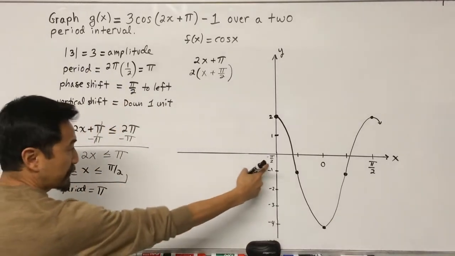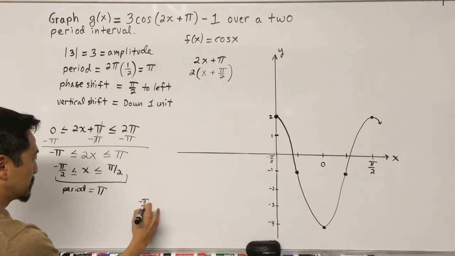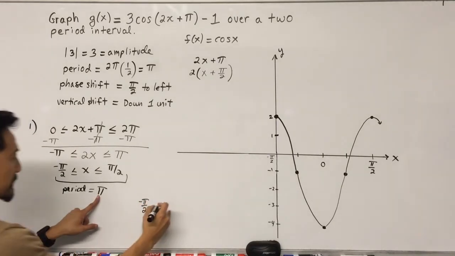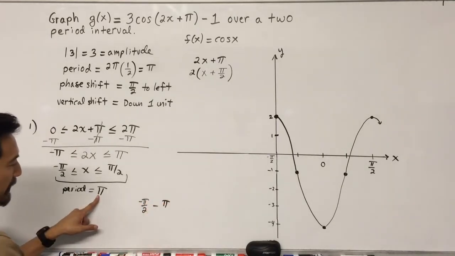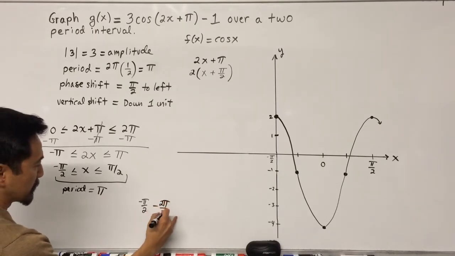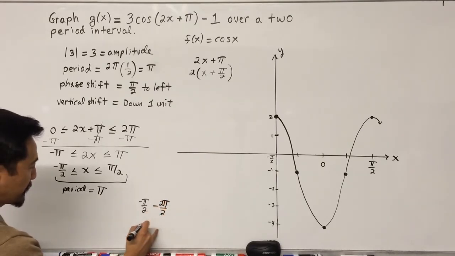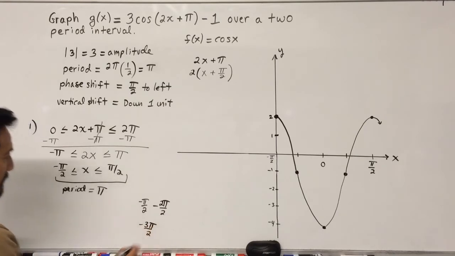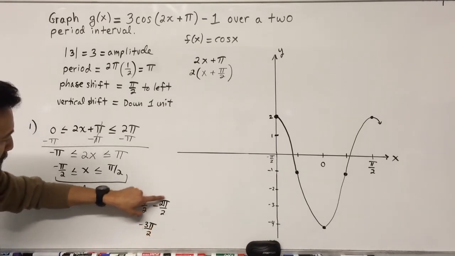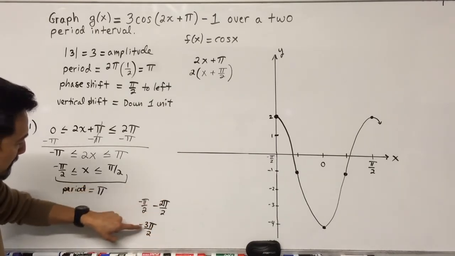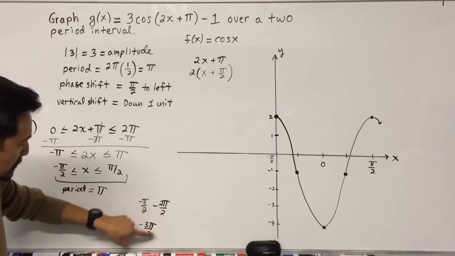If I take the left endpoint of negative pi over 2 and subtract the period, which is pi, well, pi is the same as 2 pi over 2. That's going to give us a left endpoint of negative 3 pi over 2, right? Negative pi over 2 minus 2 pi over 2 is negative 3 pi over 2.